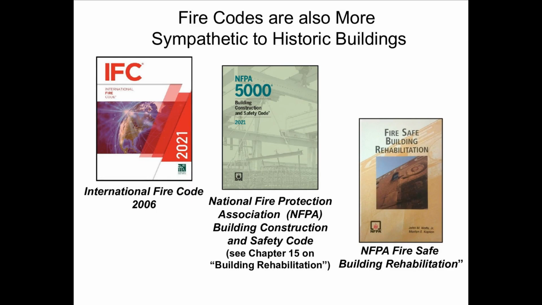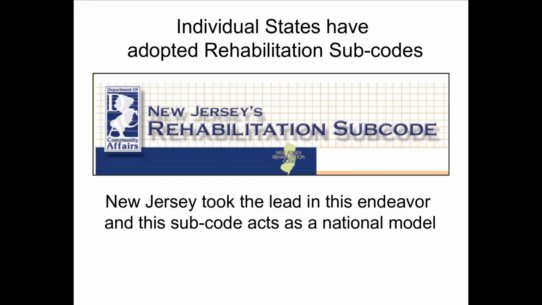Fire codes are also becoming more sympathetic to historic buildings. Individual states have also adopted rehabilitation subcodes. New Jersey took the lead in this endeavor, and this subcode acts as a national model.